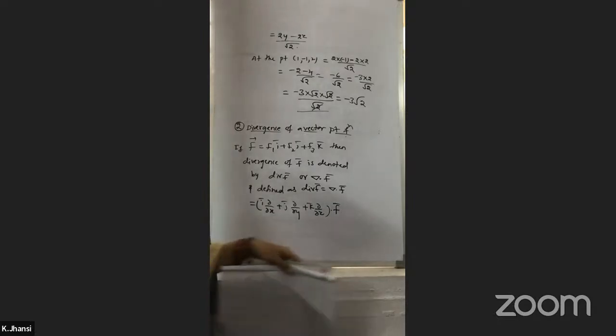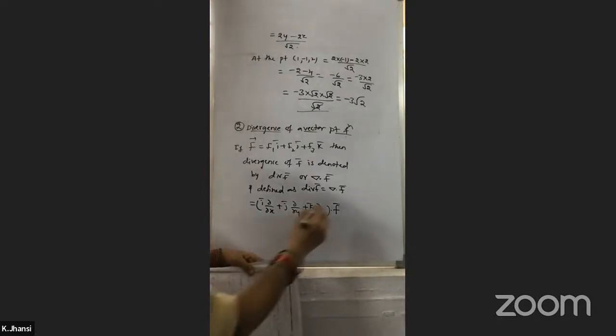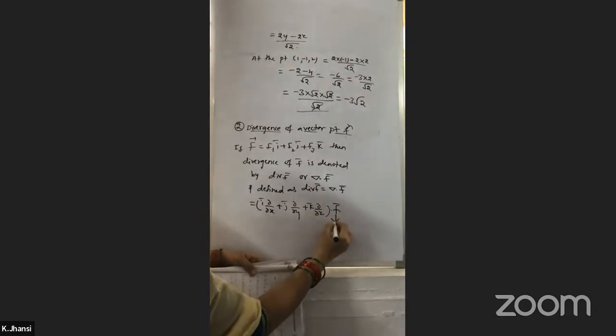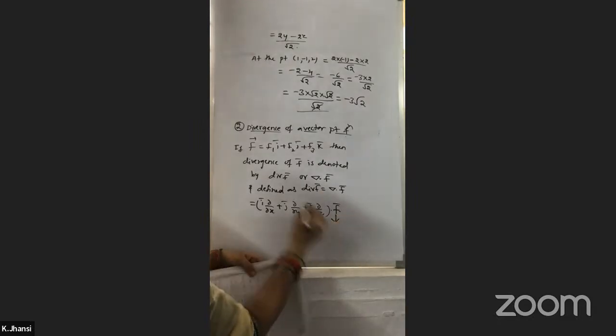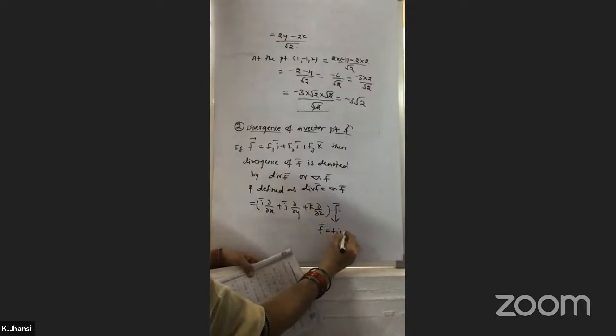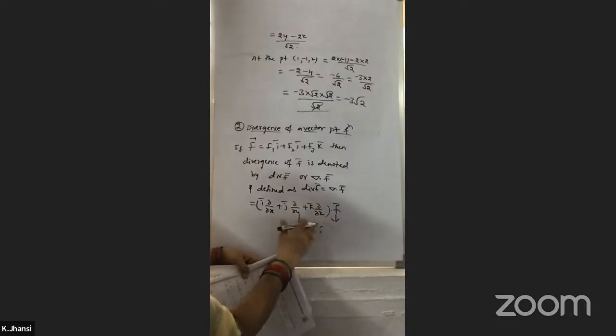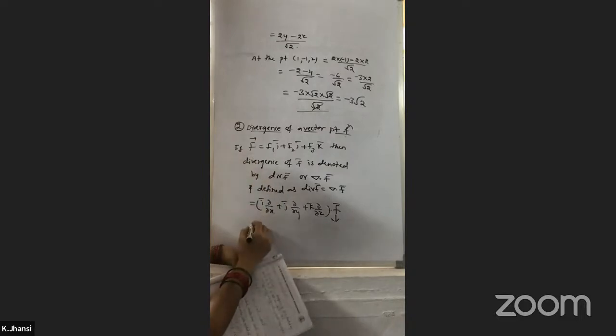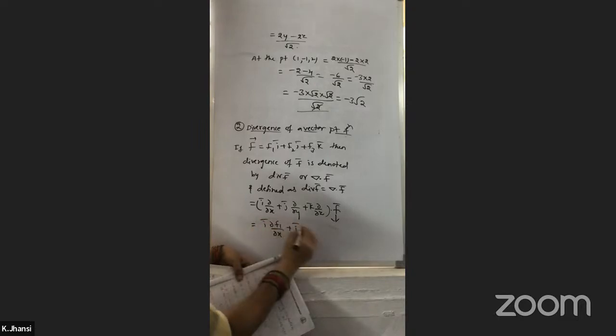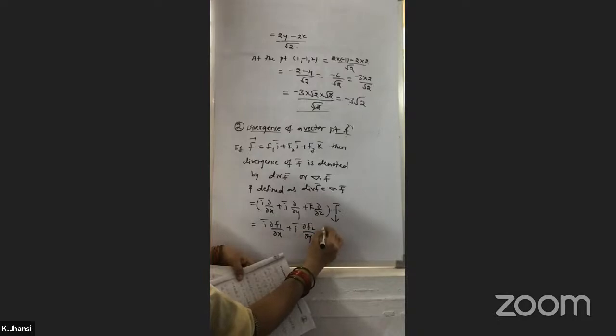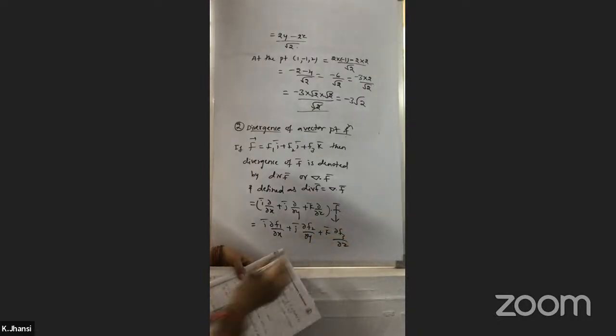Here f is equal to whatever is given above, f1 i plus f2 j plus f3 k. If you write that in place of f, you will get i dou f1 by dou x plus j dou f2 by dou y plus k dou f3 by dou z.